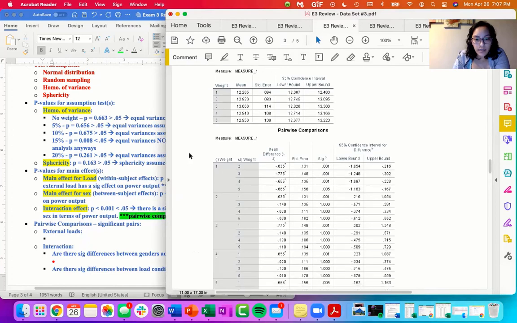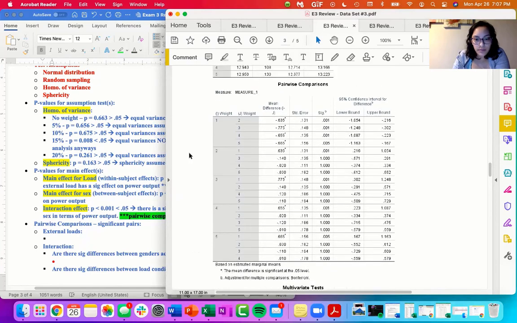For weight, on the exam, if you put like, oh, there's a difference between 1 and 2, and you just use the numbers, in my answer key, if there are numbers in the output, I have both the numbers as well as what they correspond to. So in this case, if you put difference between 1 and 2, you should be marked correct automatically with the answer options I stick in there.